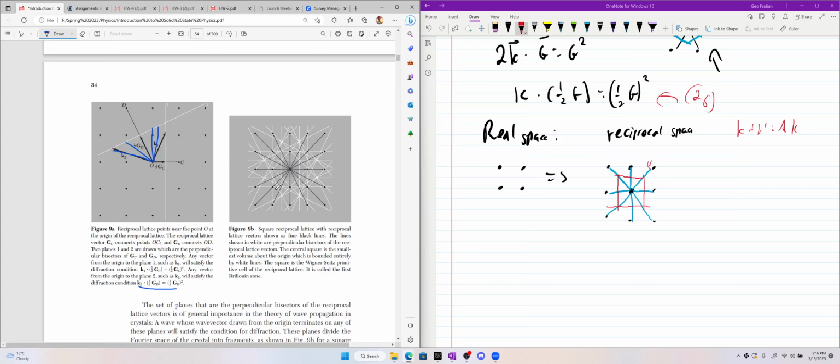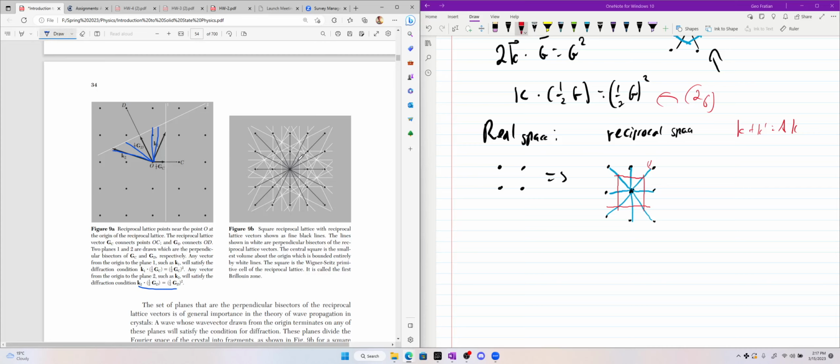Here's an example of the square reciprocal lattice with reciprocal lattice vectors shown as fine black lines. They started with the square lattice, and you can see in the reciprocal space it's still a square lattice. The square is the Wigner-Seitz primitive cell of the reciprocal lattice. Right here, you can see it, kind of what I tried to draw earlier, and it's called the first Brillouin zone.